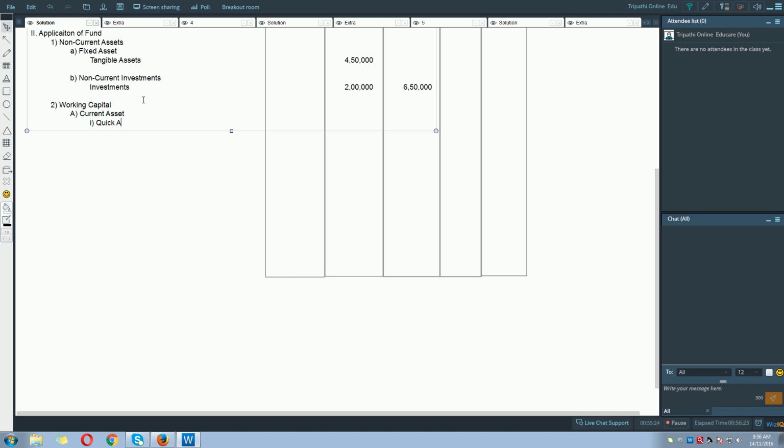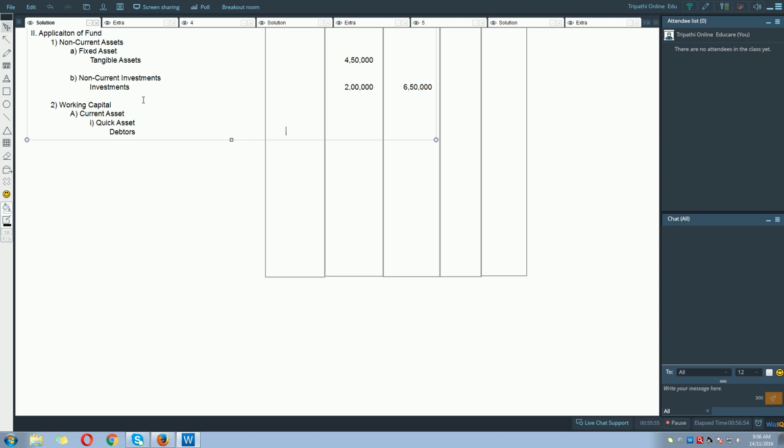Now let me increase the size of the column. Now the second item that we are going to take is working capital.